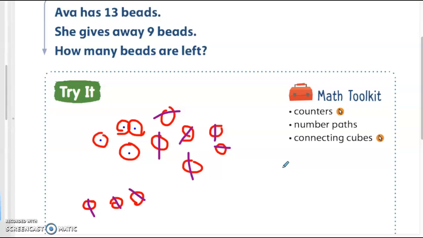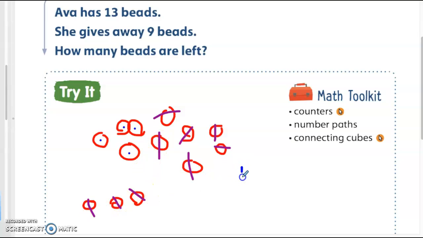So let's talk about making a 10. Did you guys see when I noticed that when I did Ava has 13 beads, she gives away 9 beads? I automatically grouped one section into 10, right? And then I did 3 down here.